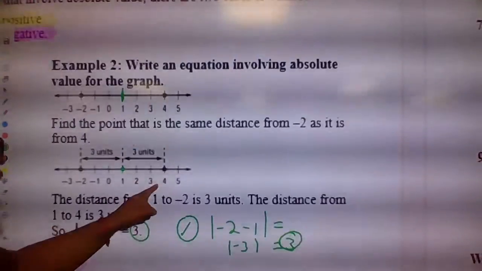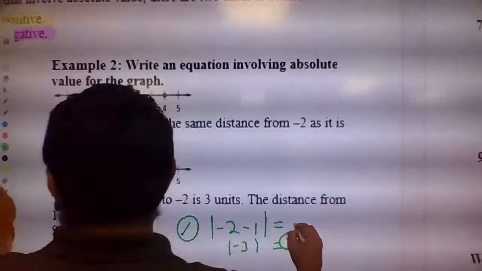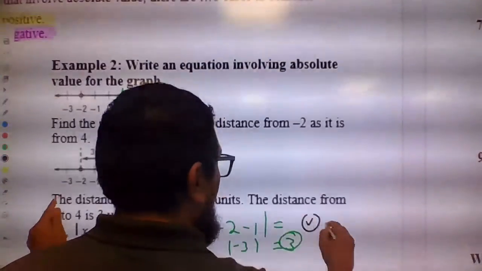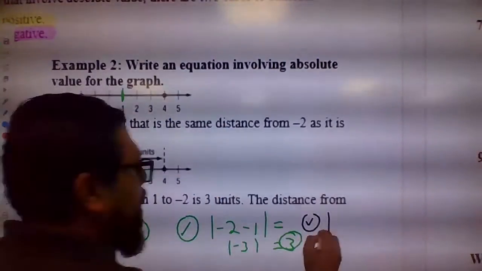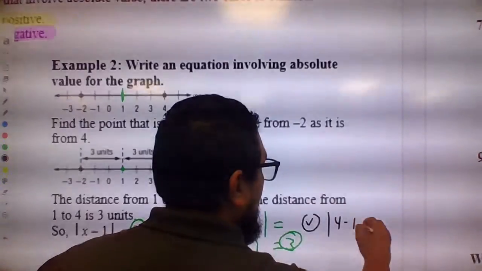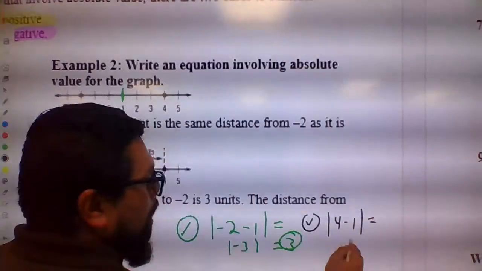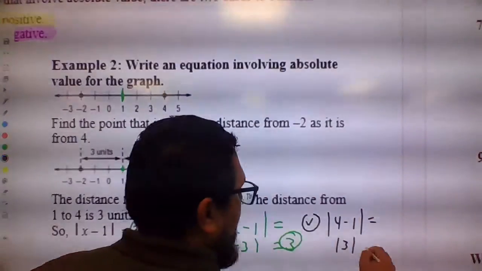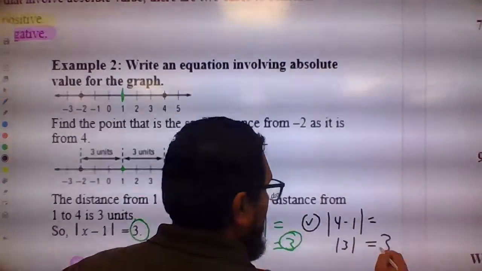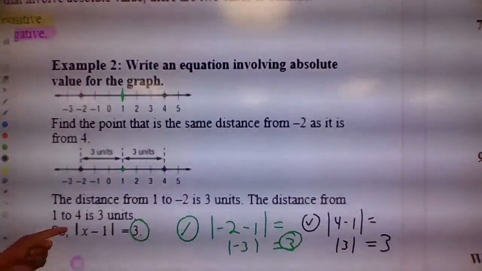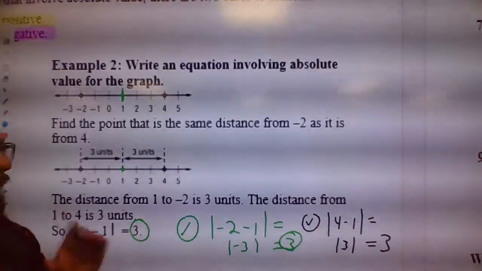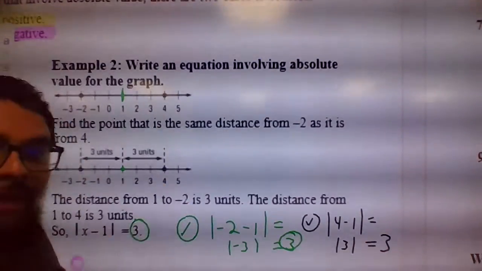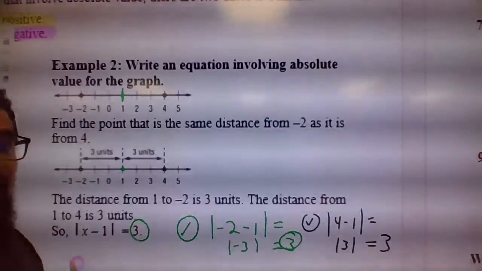You want to check the next one? 4. So it's 4 minus 1. 4 minus 1 is 3. The absolute value of 3 is 3. So it does check off. So this is our right equation. Okay? Go ahead and look this over. Rewind the video if you don't understand it. I'll give you another example here shortly.